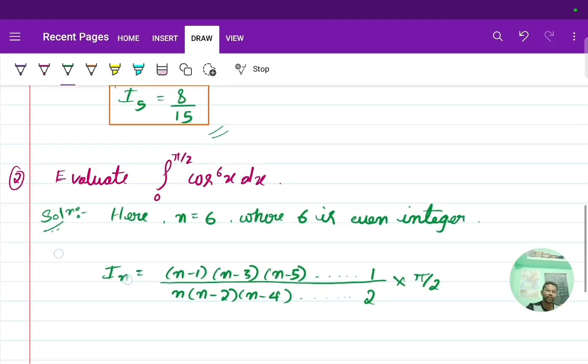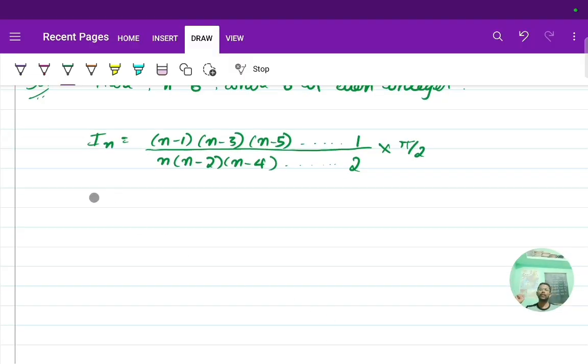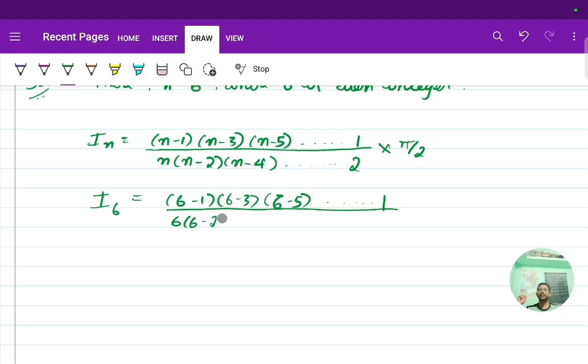This is the formula. Let us apply it for n equal to 6, that is I6 is equal to (6 minus 1)(6 minus 3)(6 minus 5) and so on up to 1, whole divided by 6 into (6 minus 2) into (6 minus 4) and so on up to 2 into pi by 2.